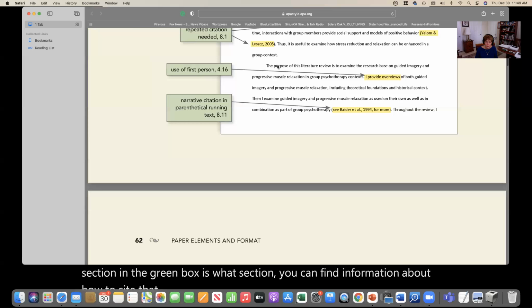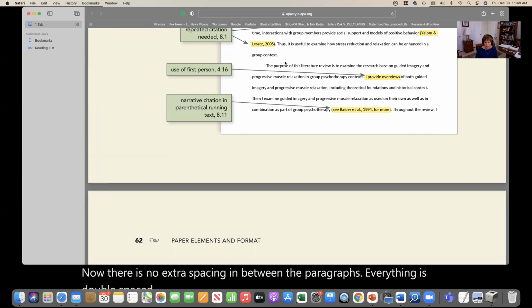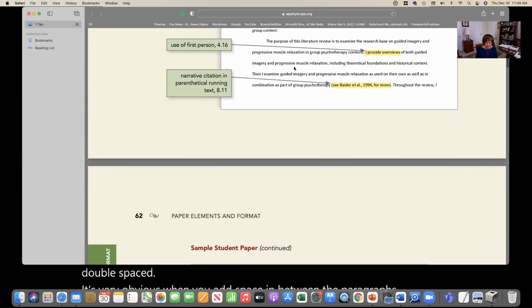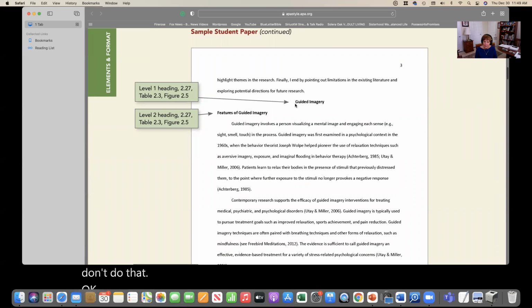Now notice there is no extra spacing in between the paragraphs. Everything is double spaced. It's very obvious when you add space in between the paragraphs. Please don't do that. Okay, so a level 1 heading is centered and it's also bolded. A level 2 heading or a subheading is flush left to the margin, and it is also bolded and initial caps.